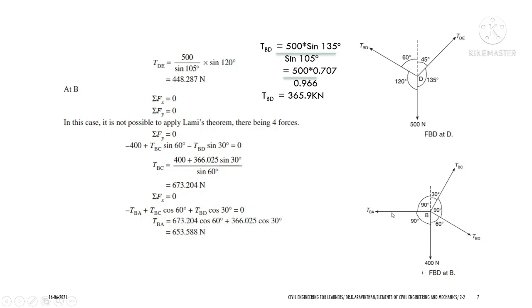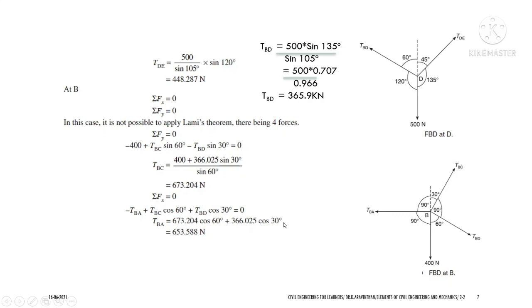And the next force: you know TBC now, and TBD is already known. The only unknown force is TBA. Let us resolve horizontally. So when resolving horizontally, TBA will be negative, minus TBA. If you resolve this, TBC cos 60 degree with respect to horizontal, which will be plus. So plus TBC cos 60 degree and plus TBD cos 30 degree.